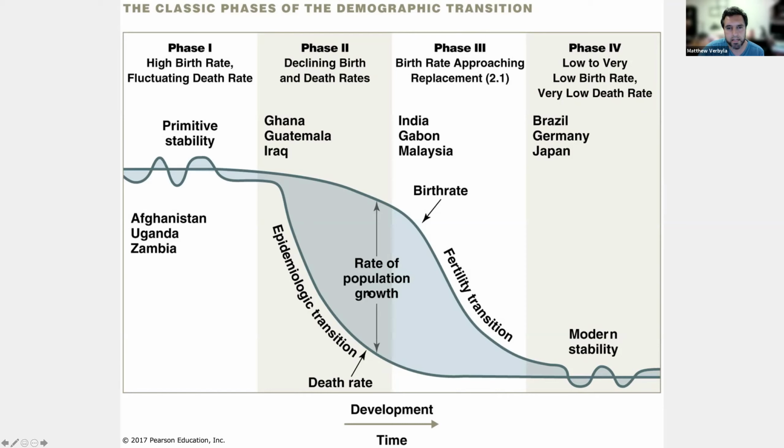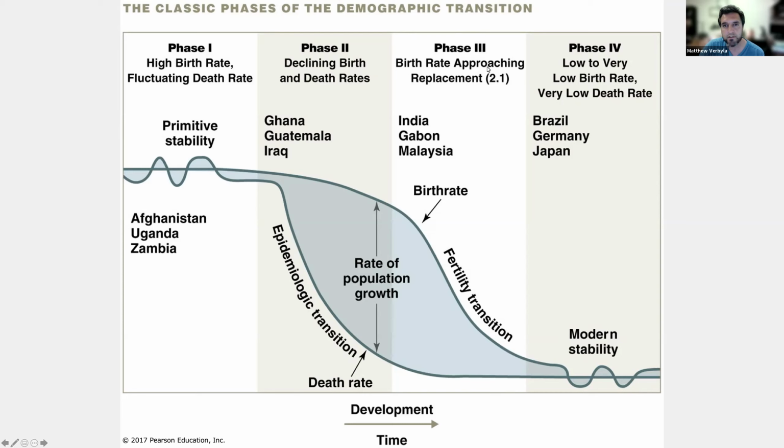So during this period, you get a much larger overall rate of population growth. When the birth rate is still high, but the death rate is very low, the population grows very rapidly. Now, in phase 3, the birth rate, declining based on that fertility transition, starts to approach the rate of replacement where the death rate has also declined.